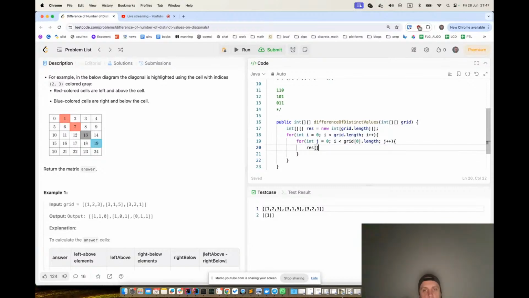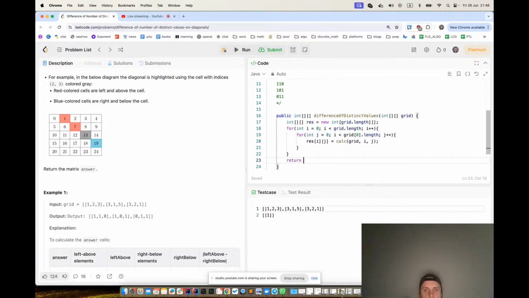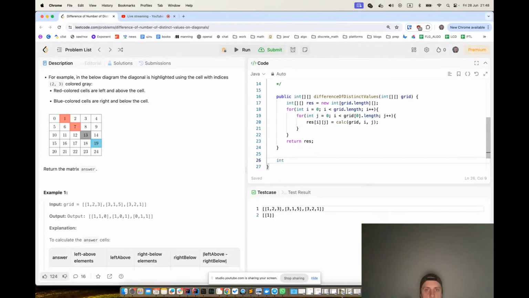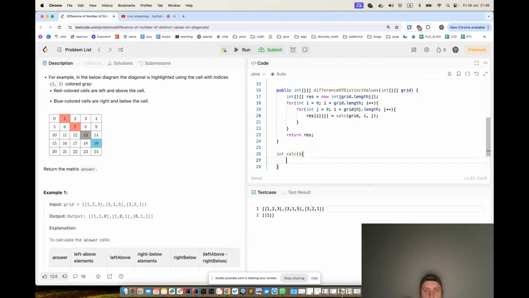And here for result[i][j], we call the function calc, where we send our grid and send i and j, the point where we start, and then we return our result. And now we have to implement this calc function. This calc function will receive this grid, and i and j.